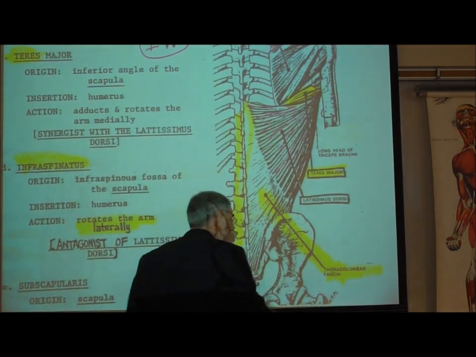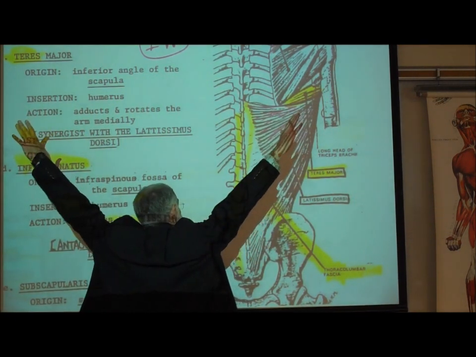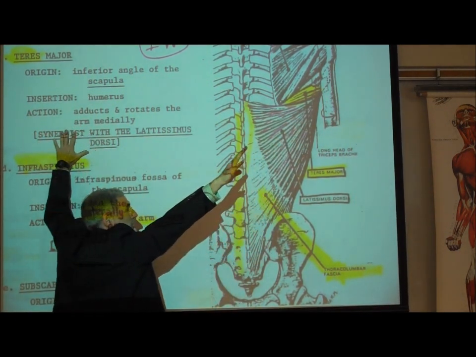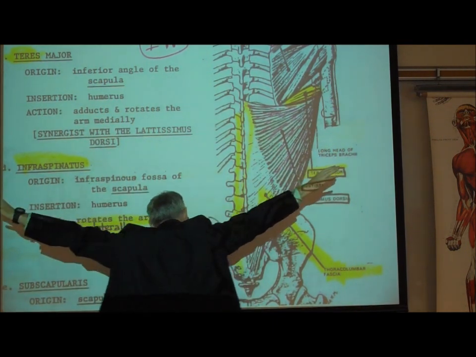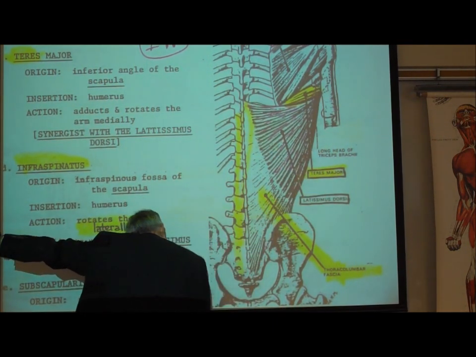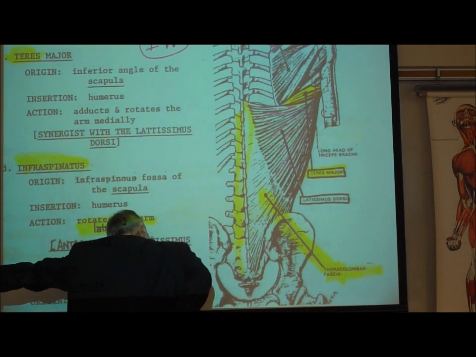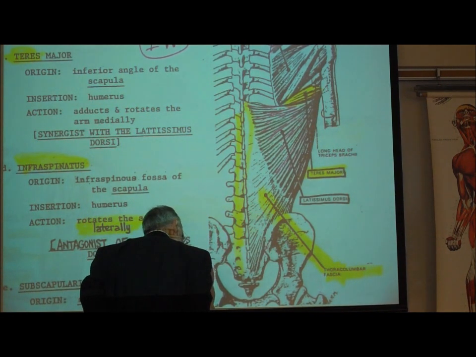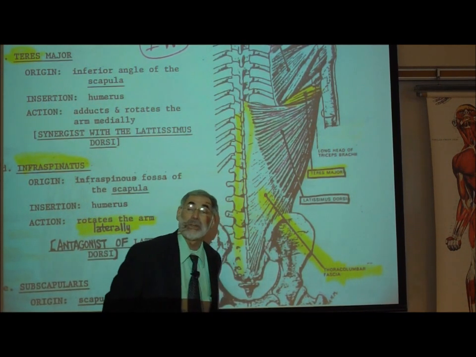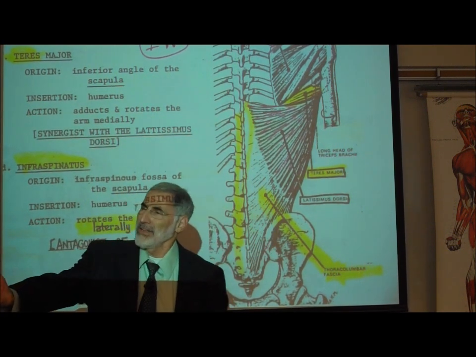So again, if your arms were outstretched, what is this muscle going to do? It pulls the insertion closer to the origin. It pulls the humerus closer to the lower back. So this muscle is pulling your arms towards your body, adducting your upper arms, but pulling them to the backside. So think about this.